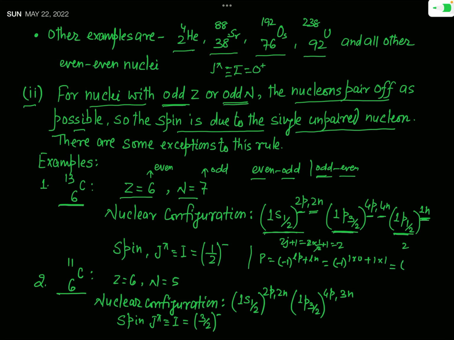So this will be equal to minus 1 to the power 1, which is minus 1. It means this nucleus will have odd parity, or you can say negative parity.